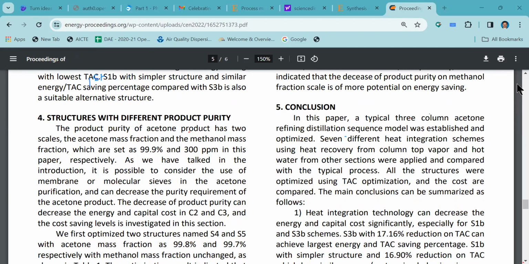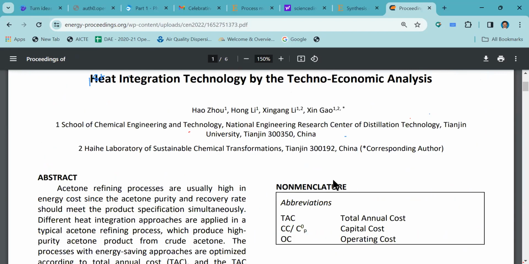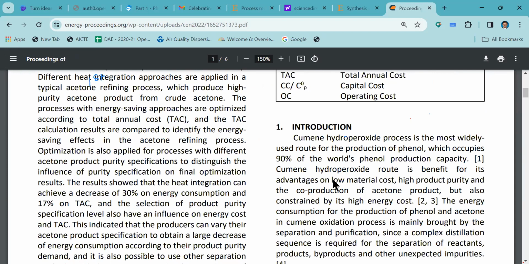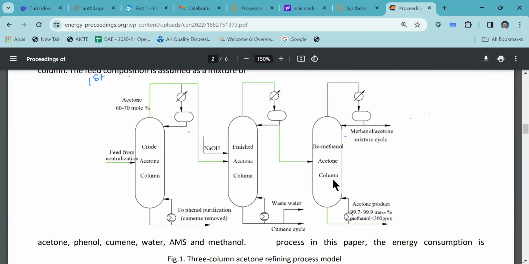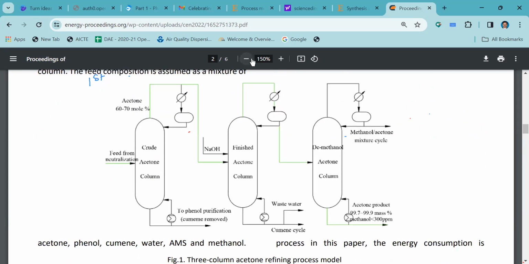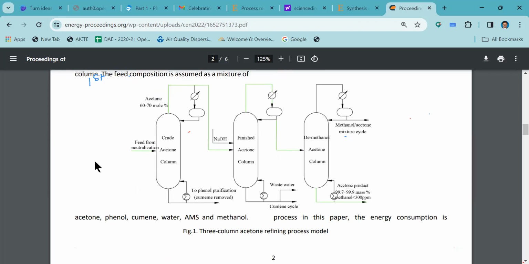Next, after looking at the abstract and conclusions, you try to go down and see the figures. First of all, you can see the pictorial diagrams which are represented. This is one pictorial diagram. It says three column acetone refining process model.